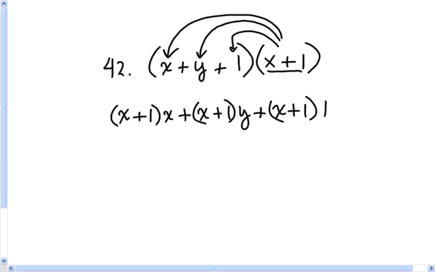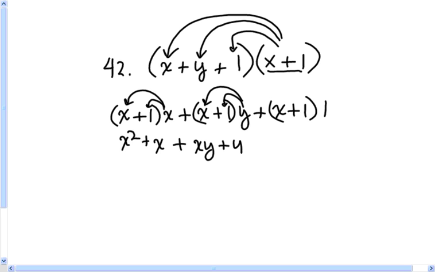And if I do that, I get, now I'm doing smaller distributive property, x squared plus 1x plus x times y plus 1y plus, and 1 times any number is just the number itself, so we just get x plus 1.